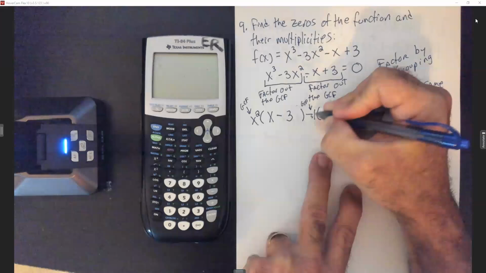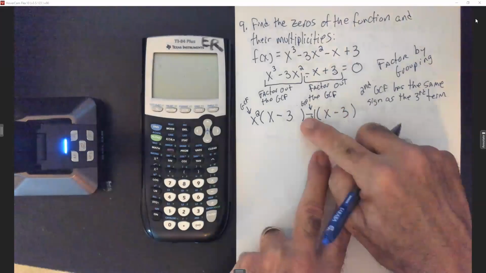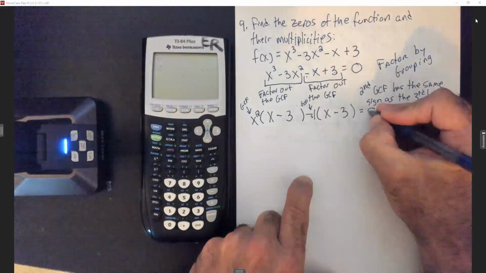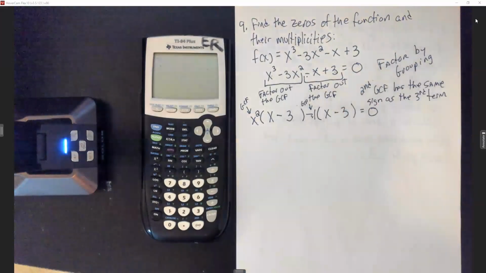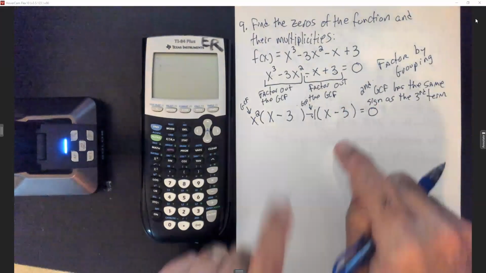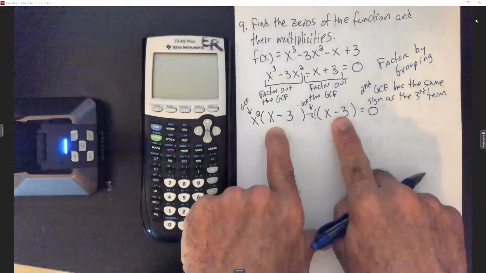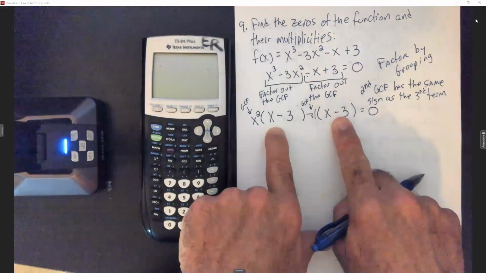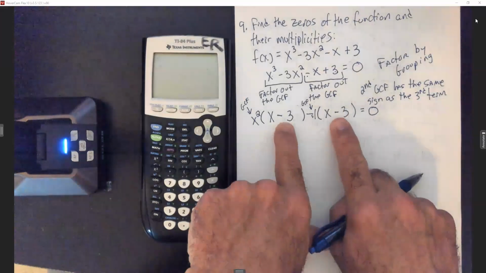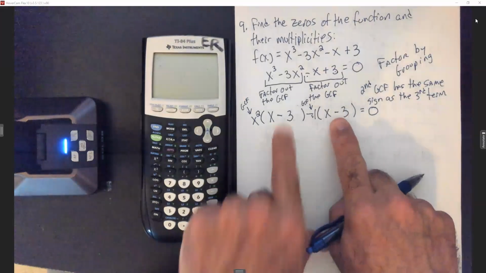I divided both of them by negative 1. And all this is still equal to our 0. So what do y'all notice about that? If you do this correctly, these two parentheses got to match up, okay? So what I would do to finish factoring, since these parentheses match up, we're going to factor them out.